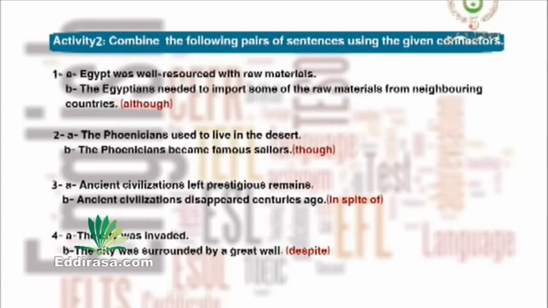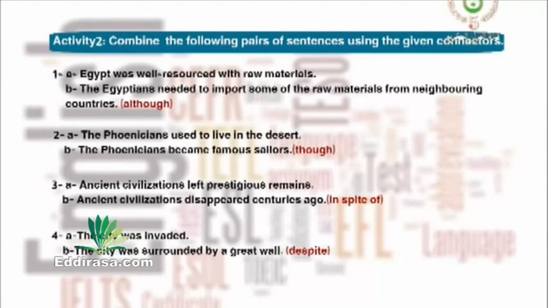The link word we are going to use is although. Second sentence. The Phoenicians used to live in the desert. The Phoenicians became famous sailors. With though. Third sentence. Ancient civilizations left prestigious remains. Ancient civilizations disappeared centuries ago.